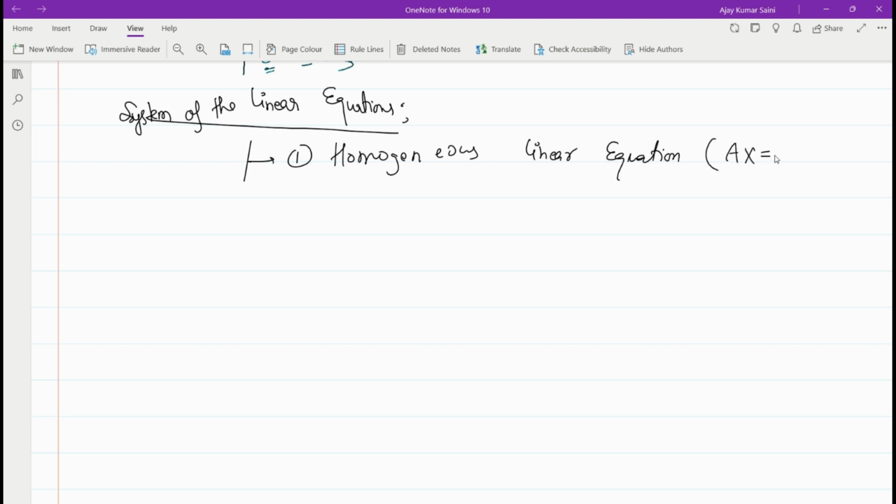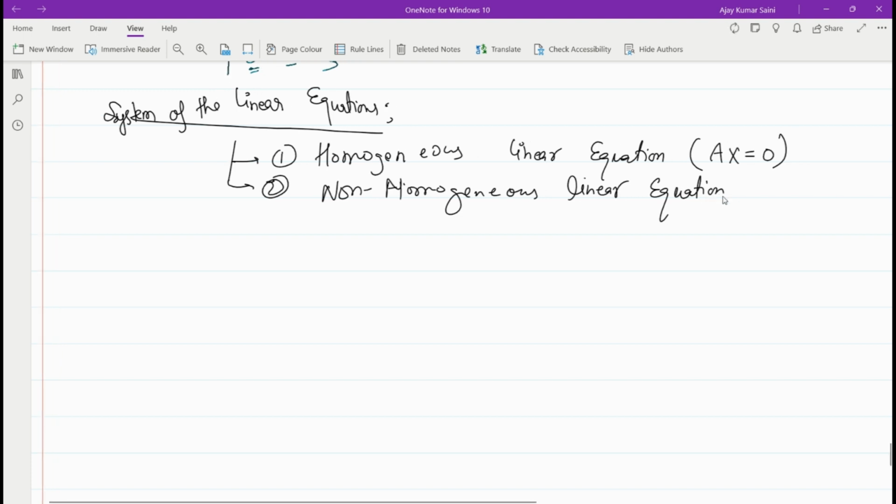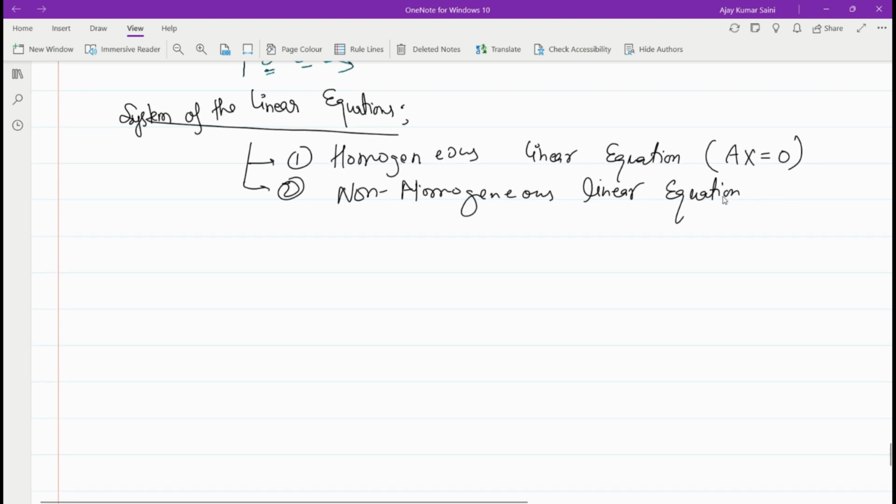And second is the non-homogeneous linear equation.